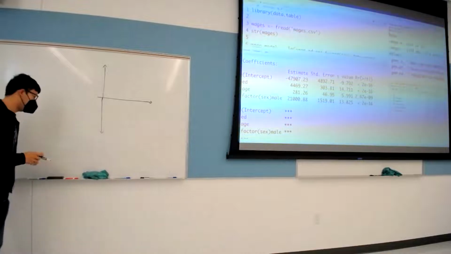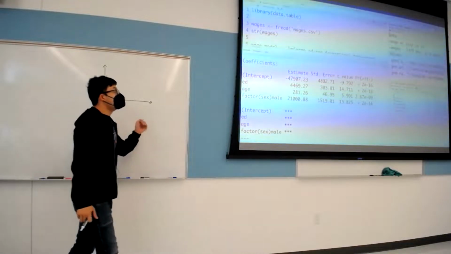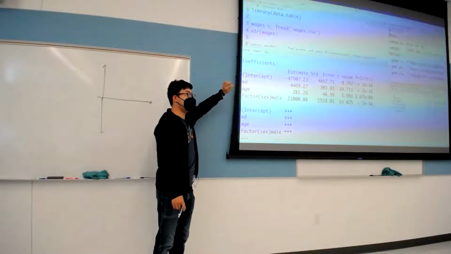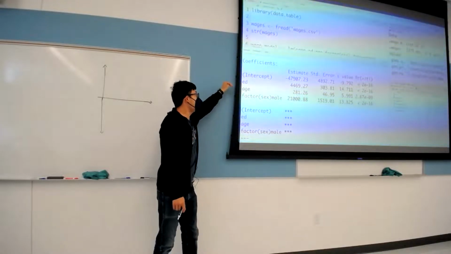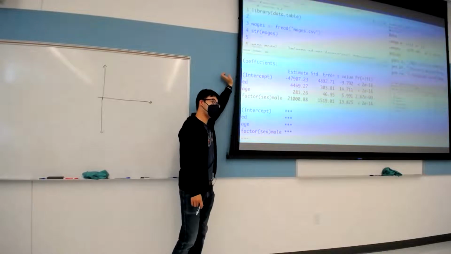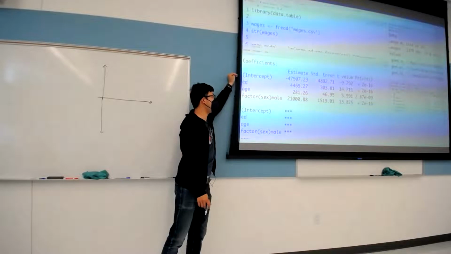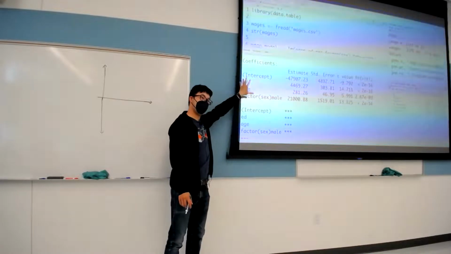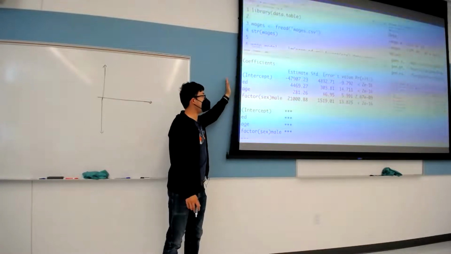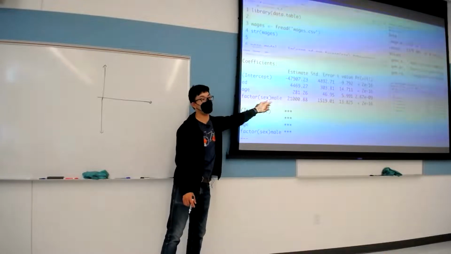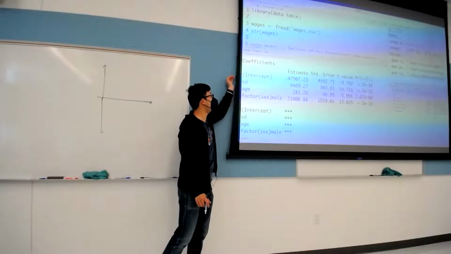But for the female, the way this works is that in these regressions, you have these zeros and ones. And one of those values in a categorical variable will always be omitted and set as the default. The way that R does this is it sets it in alphabetical order. So F comes before M, so female is the default value.